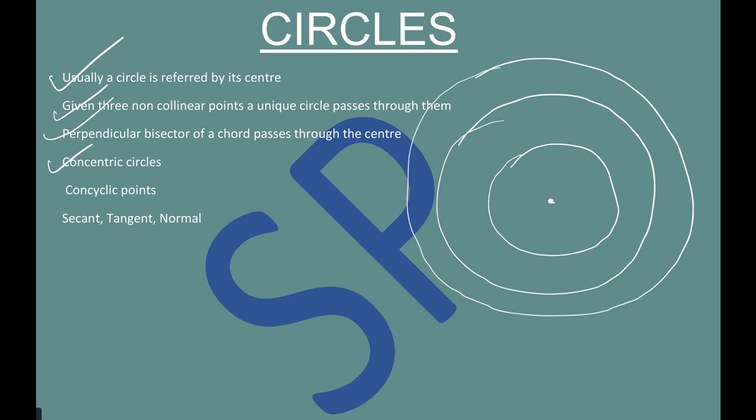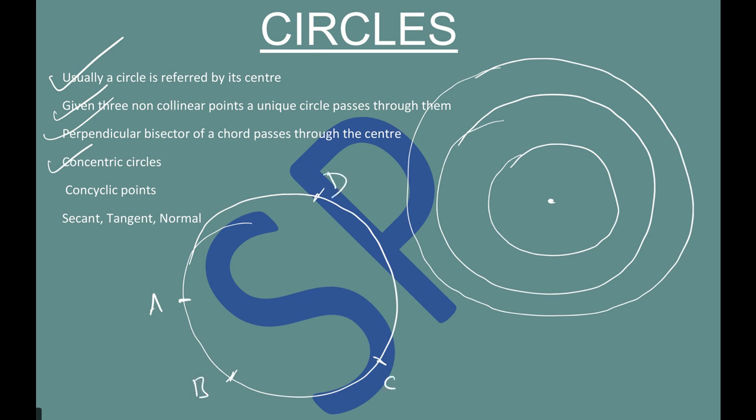And concyclic points: if I have more than 3 points which lie on the same circle, then we call those points concyclic points. For example, in here I can say that the points A, B, C, D, E are concyclic points. So concyclic points means lying on the same circle.